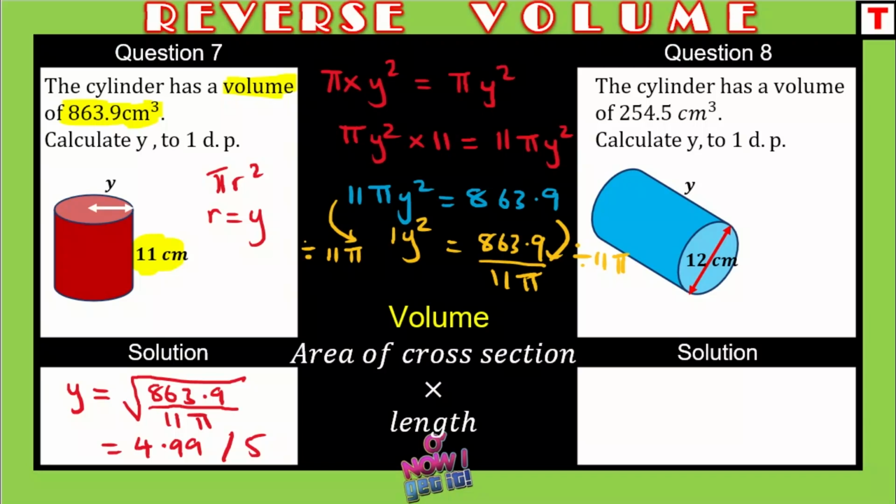Okay, let me just put it down below. So equals 5 to the nearest integer or whole number. Okay, so y would be equal to 5 centimeters.